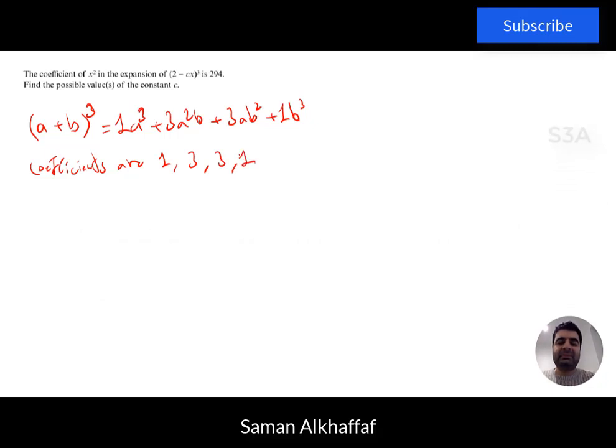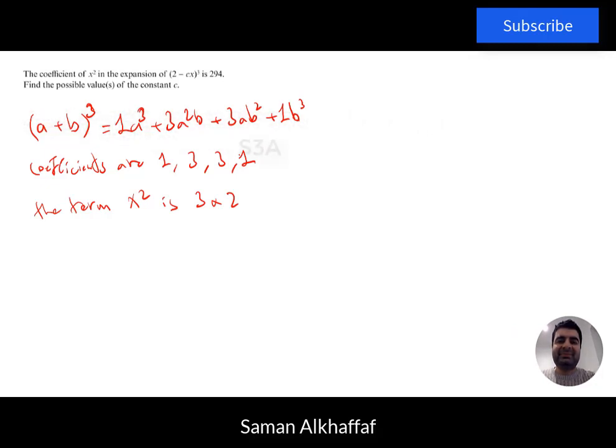So the term in x squared is 3 multiplied by 2 multiplied by (cx) squared, so the coefficient of x squared is 6c squared x squared.